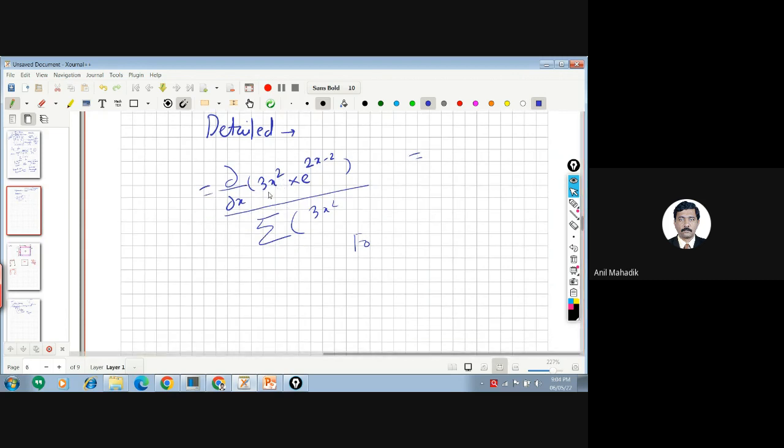So what I will do, I will first of all simplify this complex equation. This is a complex equation, and our brain cannot understand it because it is very complex. So I will simplify. First of all, I will try to understand what d by dx is, and try to understand this separately. Then what is 3? Okay, 3 is a number.